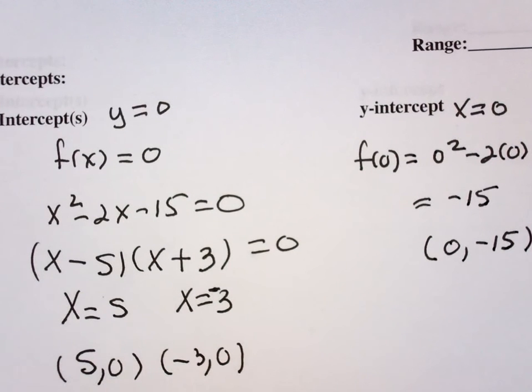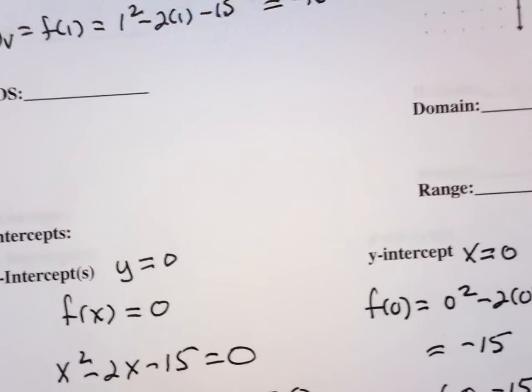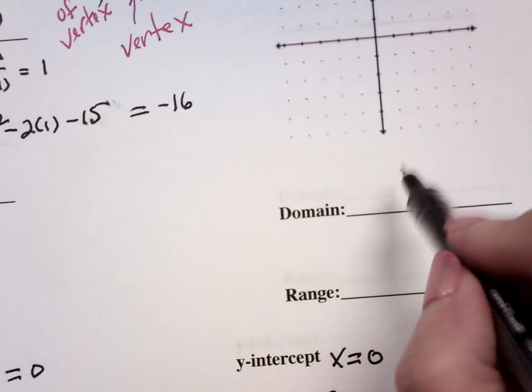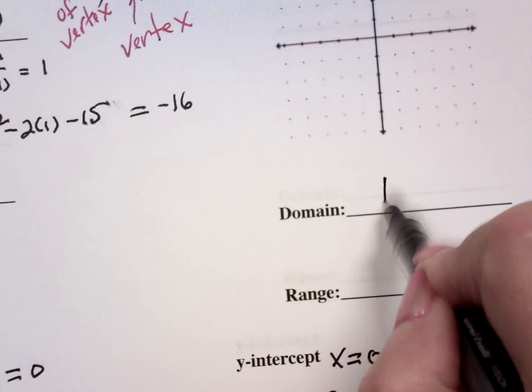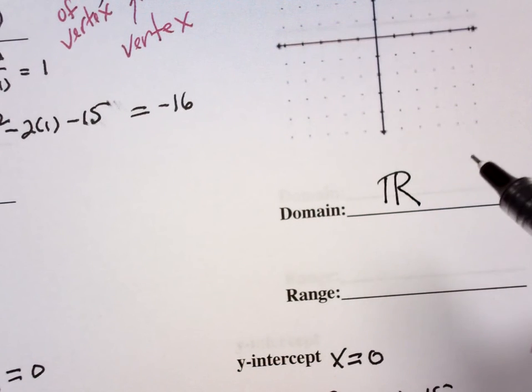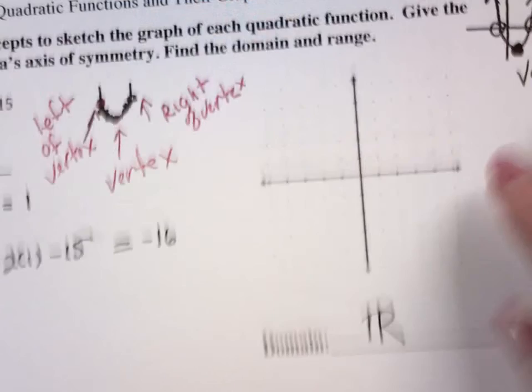Sometimes that's all we get, and we'll take it, but it's not a heck of a lot of help. So now let's use the information we have. Well, what's the domain no matter what? All real numbers.